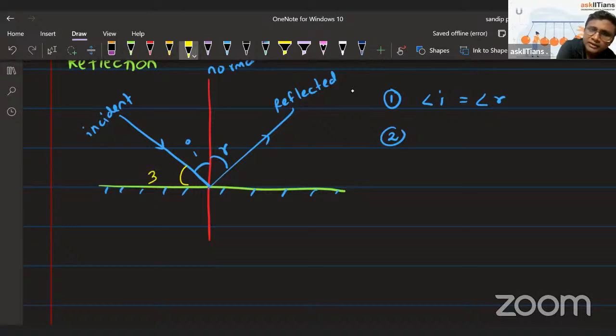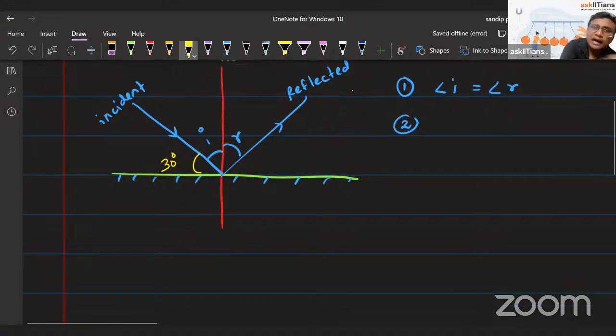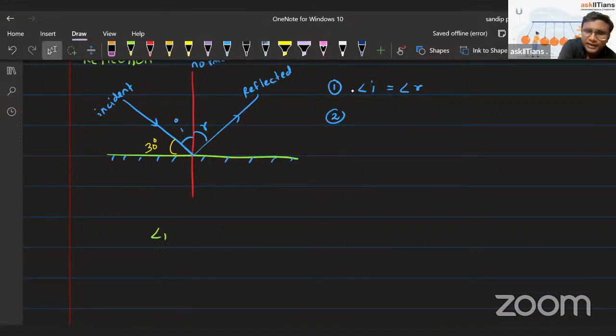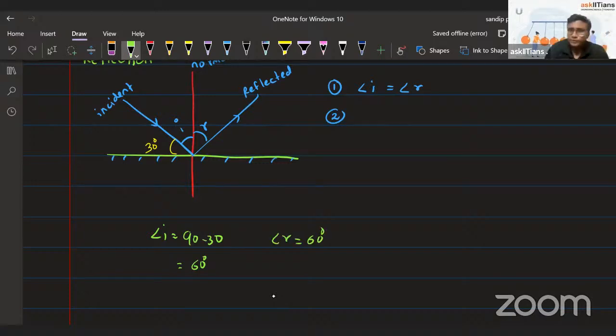For example, if 30 degrees is the angle, then what will be the reflection angle? So angle I is 90 minus 30, that will be 60 degrees. And if it is 60 degrees, then angle R is also 60 degrees. Okay.